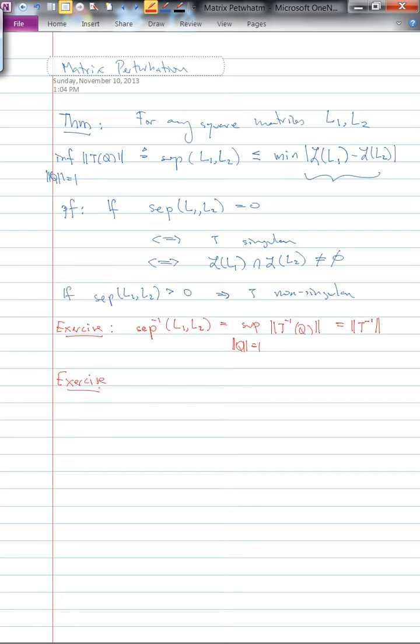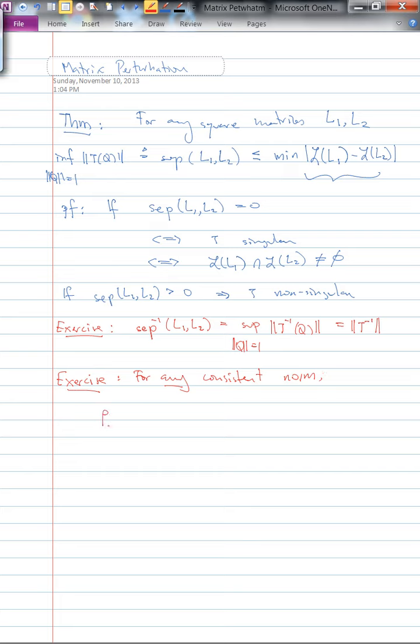The second exercise is that for any consistent norm, the spectral radius of a matrix is bounded by the norm on that matrix. So this is easiest to think about in terms of the operator norm, which we know is consistent.